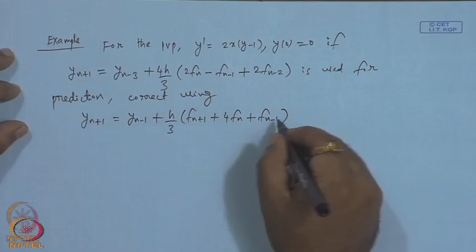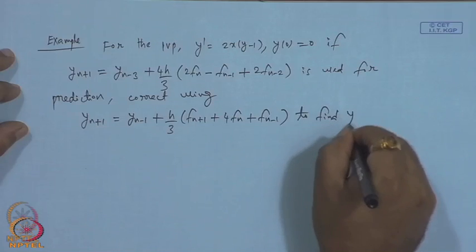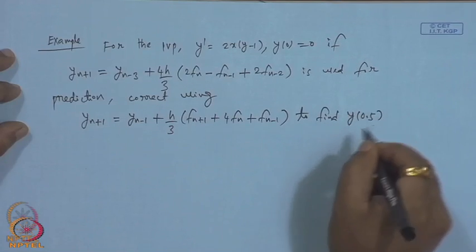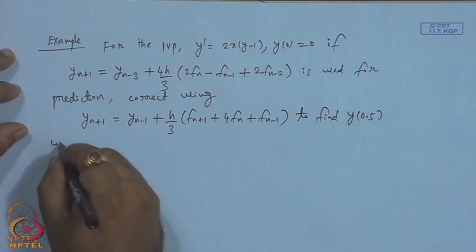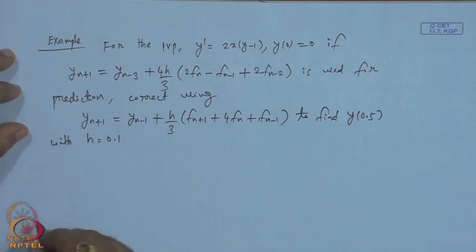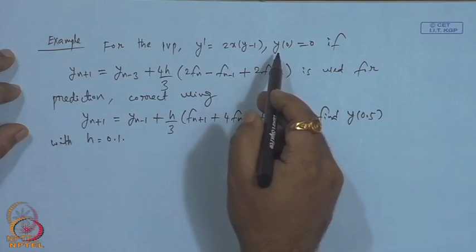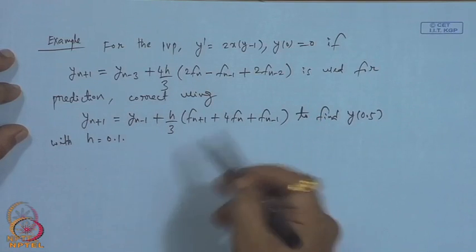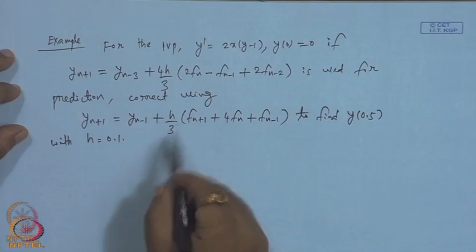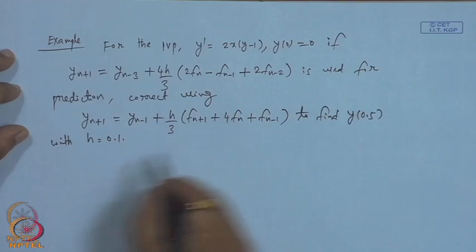Correct using this implicit method to find y of 0.5 with h equals 0.1. But the story does not stop there. The reason is, look at it. This requires more data, or at least one statement is missing. What is that? Let us understand.